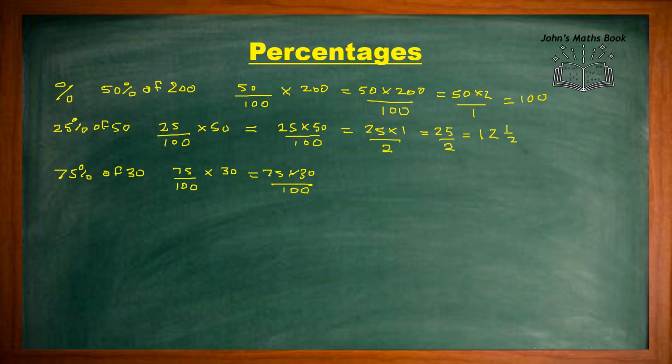So we can start simplifying this now by dividing, first of all, 10 into the numerator and the denominator. So that becomes 75, and 30 divided by 10 is 3, divided by, and we divide 10 into 100, we get 10. We can also divide 5 into the numerator and the denominator now.